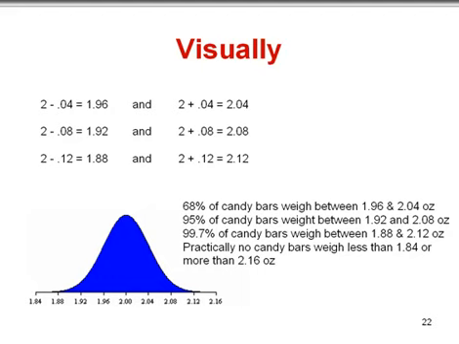So the one standard deviation interval extends from 1.96 to 2.04, and that contains 68% of the candy bars. Similarly, 95% weigh between 1.92 and 2.08 ounces, and almost all, or 99.7%, of Milky Way candy bars weigh between 1.88 and 2.12 ounces.